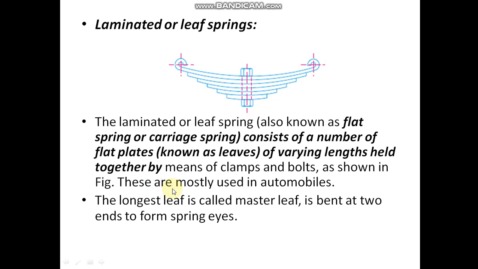They are mostly used in automobiles. The longest leaf, the upper one, is called master leaf. It is bent at two ends to form the spring eyes.